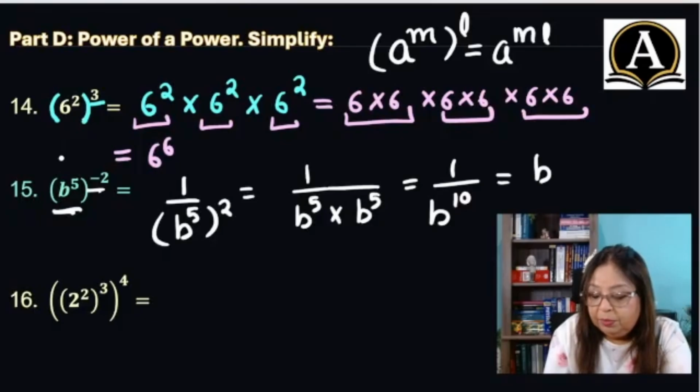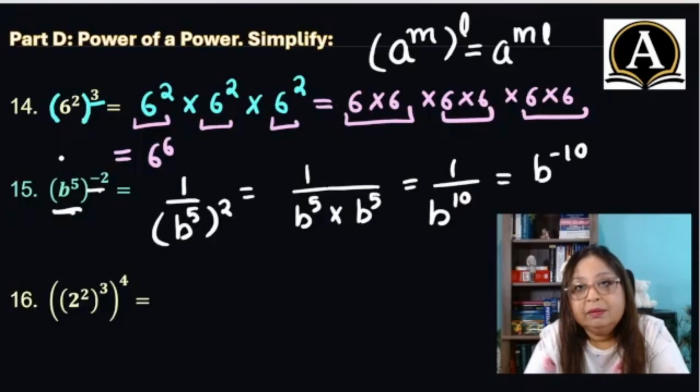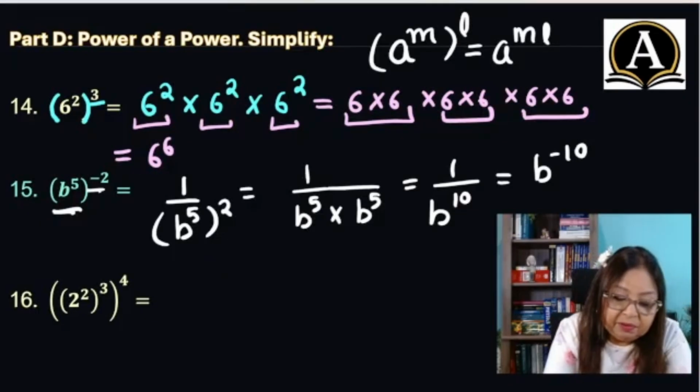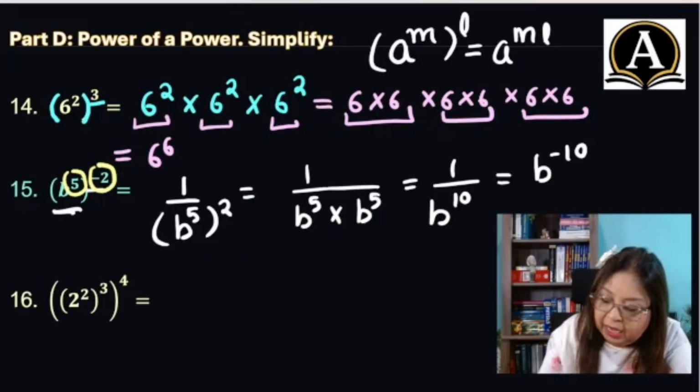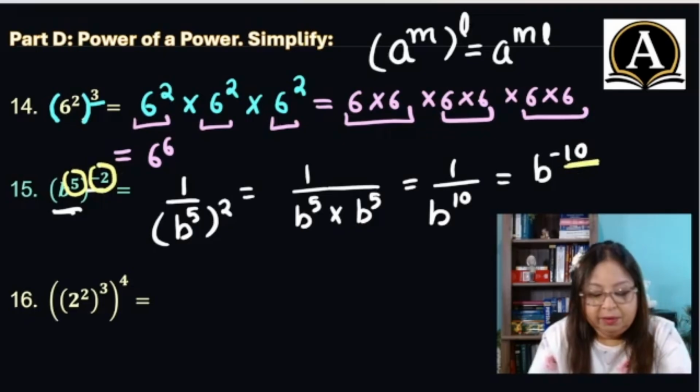And this can be written as b to the power minus 10. See that? We could have simply multiplied this 5 by minus 2 and gotten this minus 10.